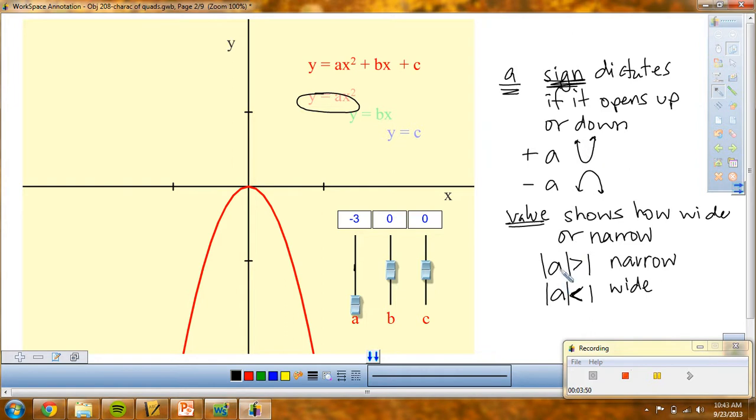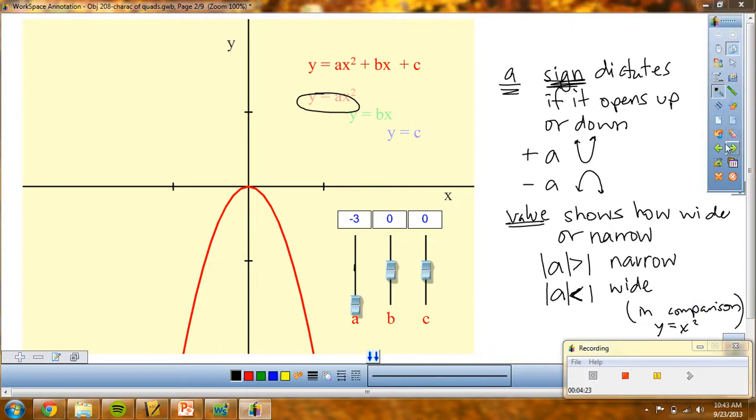So it's really just the actual value of the A. If we have a number, here we have the 3, makes it very narrow, even though it is less than 1. And this is in comparison, the narrow and the wide is in comparison to the parent function, which is y equals x squared. So narrower or wider than that parent function.